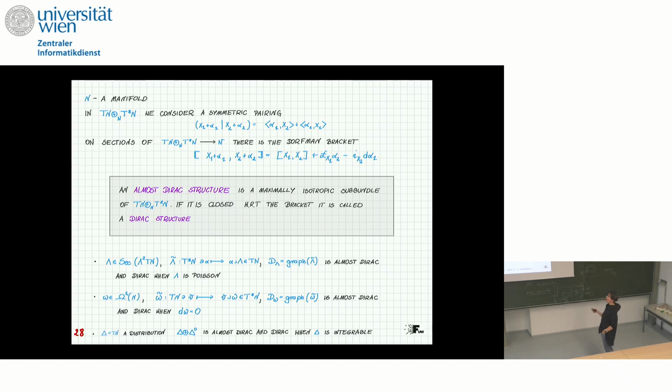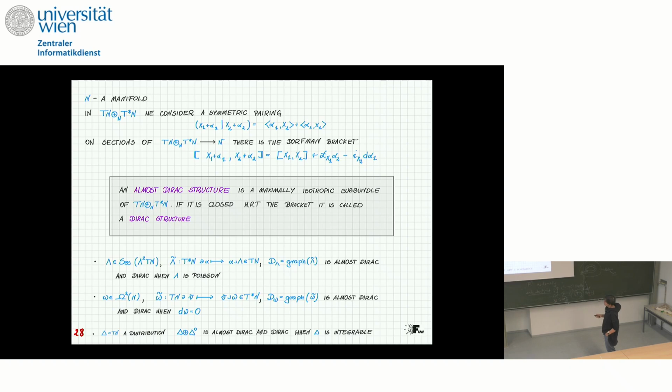You see why I will be using Dirac structure as a generalization of the previous structures, because my algebroid was a certain kind of Poisson, or skew, or just a bivector. Then when I generalize, I will use more general Dirac structure.